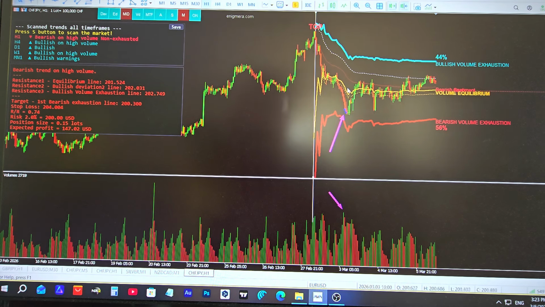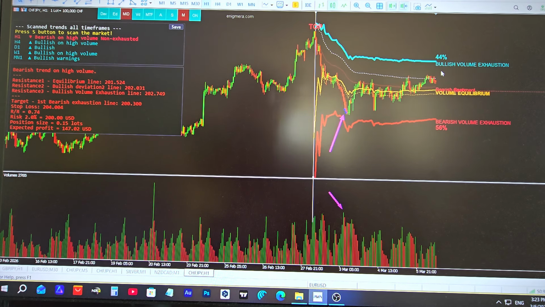So the first place is here at the volume equilibrium. The second place is at the bullish deviation line here. It is possible also, in case the market goes up to the bullish volume exhaustion line, to open a position there.